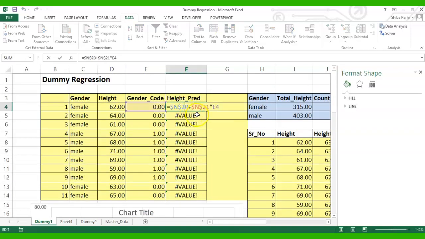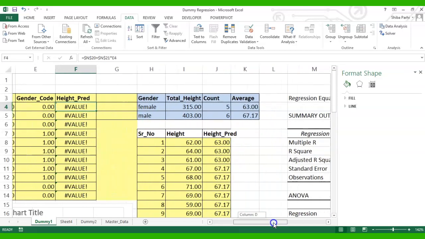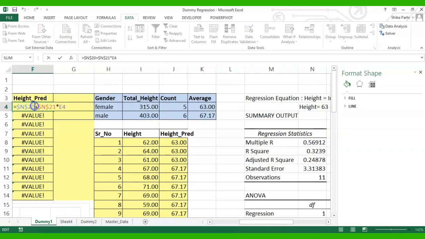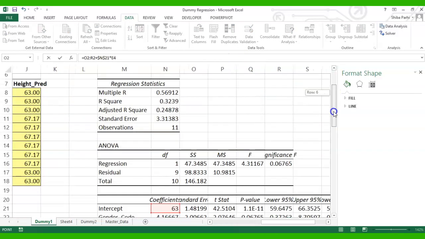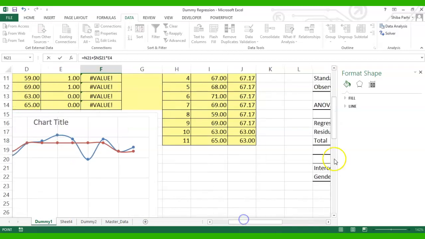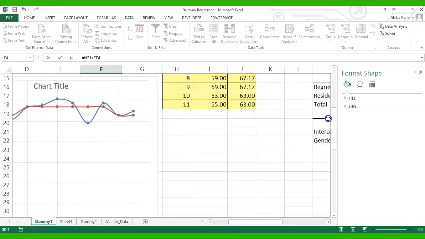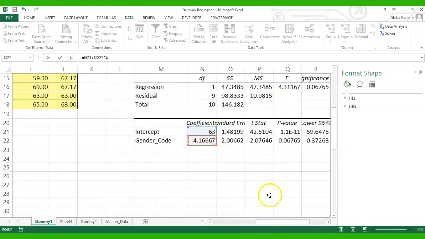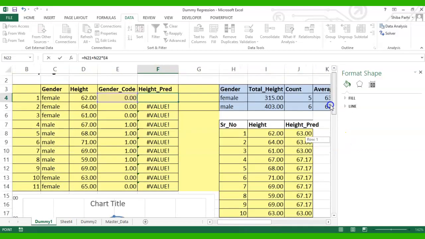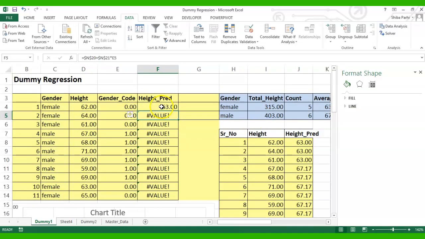One is made constant to find out the predicted value for all others.